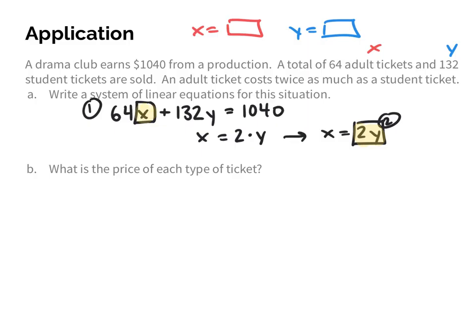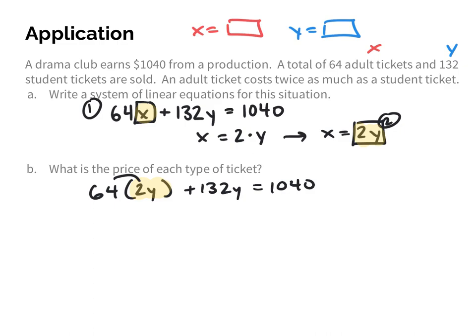So what it's going to look like is this. I would have 64, and now instead of x, it's times 2y. And I plugged in that expression where x was before. And then I'm going to add the rest. 132y equals 1040. Now I just got to solve. So to solve, I need to multiply those first.